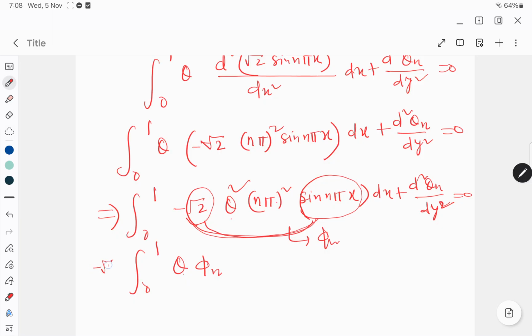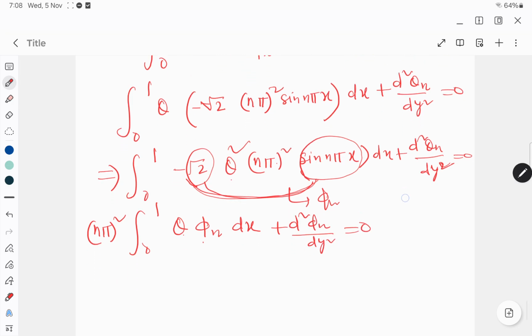Minus root 2 we have included in the definition of the basis function itself. So this is n pi square, and this is theta and phi n dx plus d2 theta n over dy square is equal to 0.